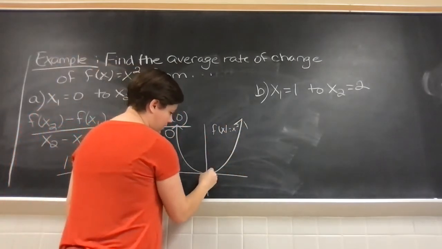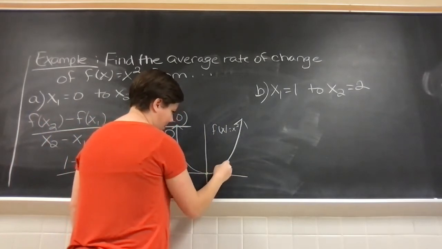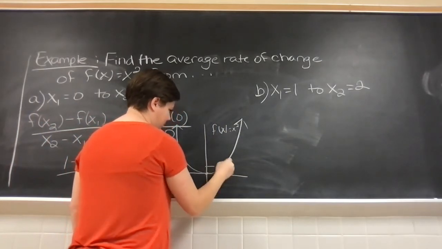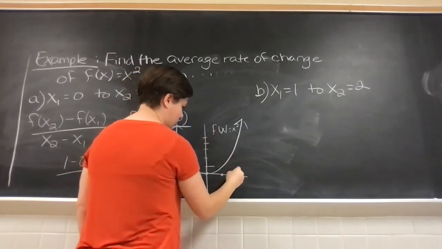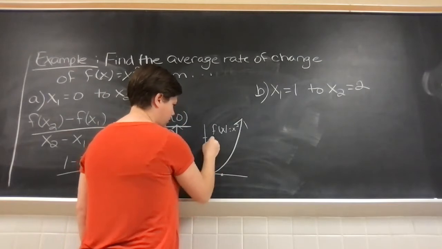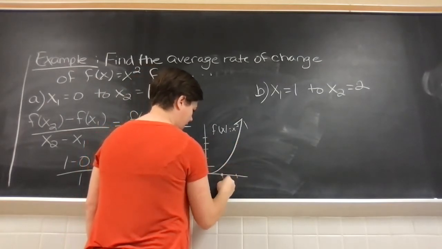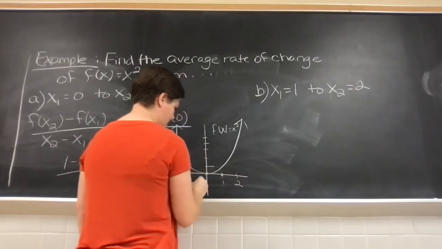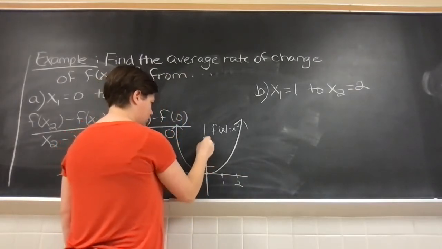So from 0 to 1, sorry, I wanted to make sure my graph is semi-accurate. 1, 2, 3, 4.